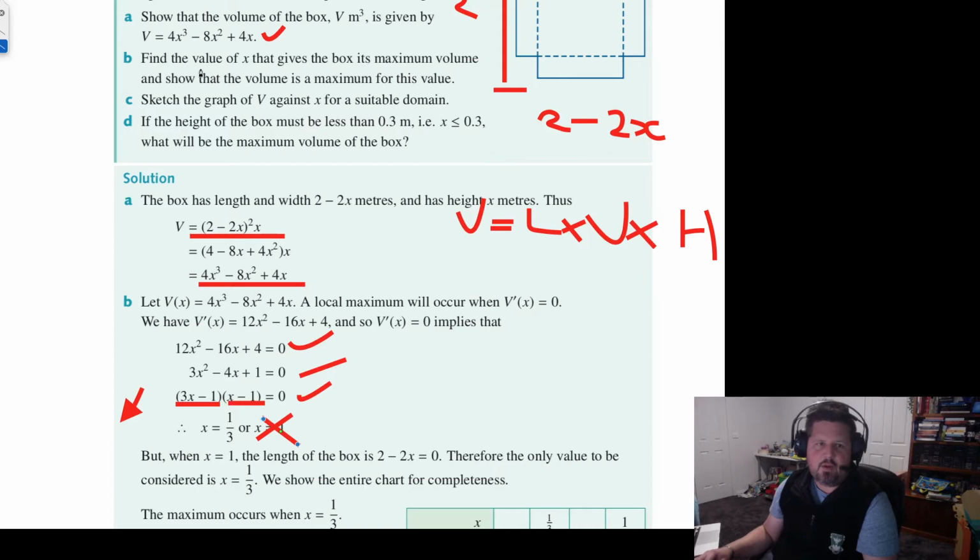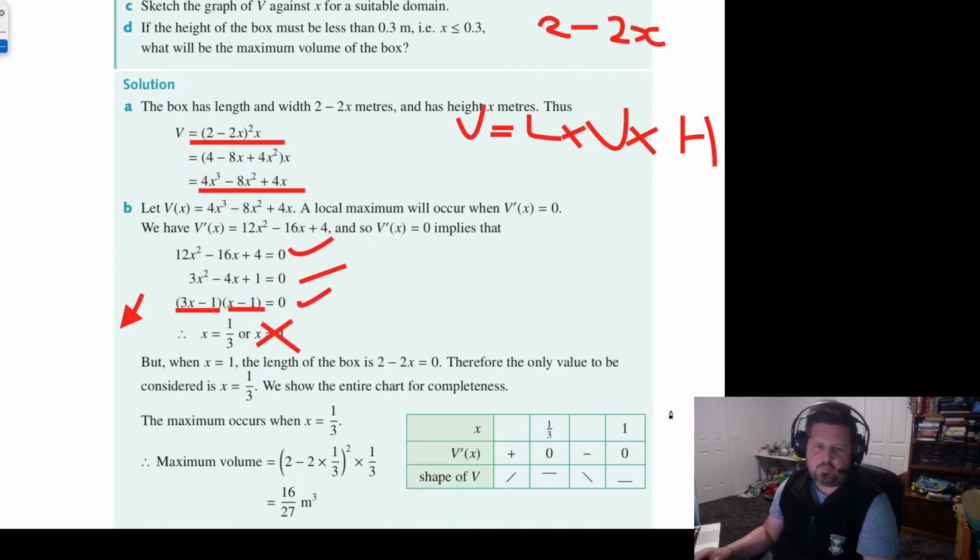So we've found the value that gives us the maximum volume, but just to show that it is the maximum volume, what you can do is determine the nature of the stationary point. Again, these little tables are useful. We know that at 1/3, the derivative is a stationary point.